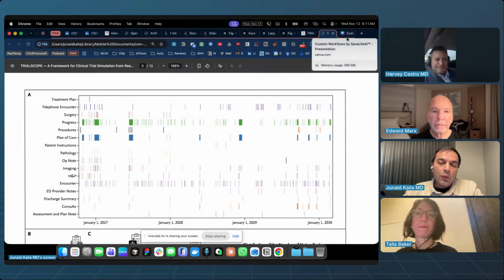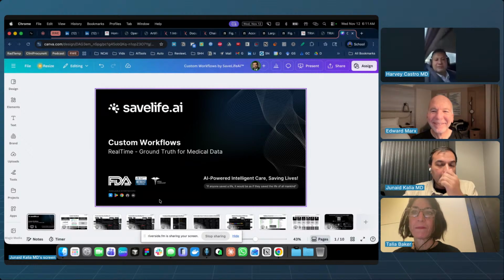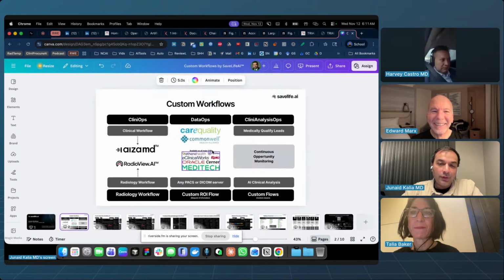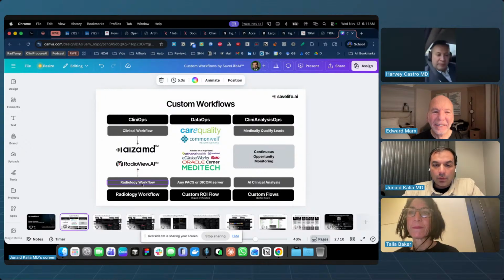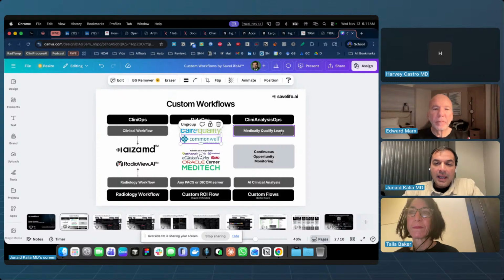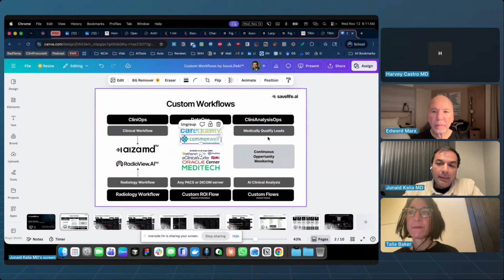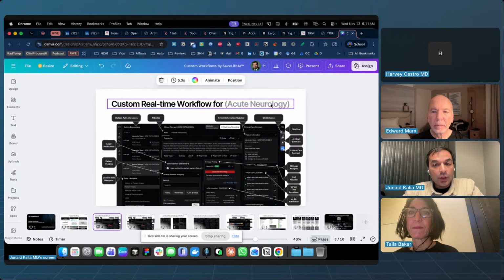I'm not going to toot my own horn, but at this point in time we really need to discuss this. I've not actually shown this. The benefit of Save Life AI is that first of all, we have radiology workflow, then we have clinical workflow, then we have data operations that are connected with all EHR, PACS, and DICOM with large data aggregators, and then we have a clinical ops pipeline. We actually initially built it for our acute neurology, which includes CliniChat, AI Chat, critical care.